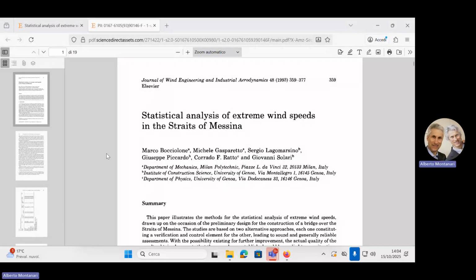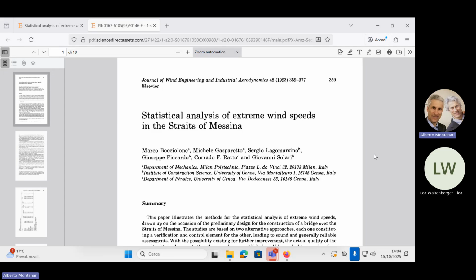Okay, very good. I'm not sure if everybody was aware of this kind of informal homework. I suggested to read a paper that focuses on extreme wind estimation for the Strait of Messina.